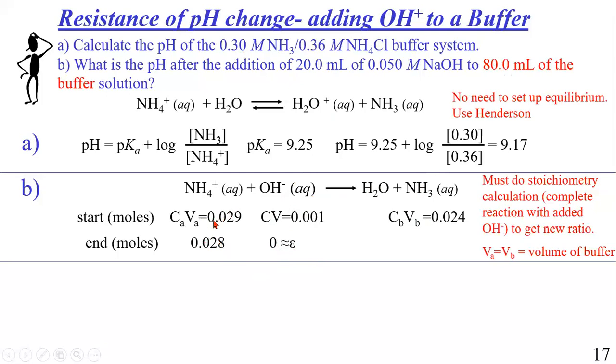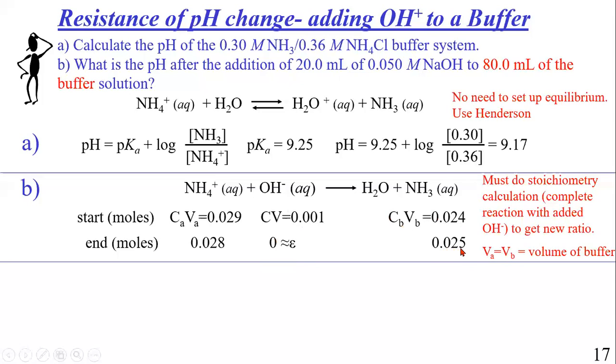What's left over here? 0.029 minus the limiting reagent 0.001, which happens to be 0.028. And what's going to be here? It's going to be plus the 0.001. And if you add that to 0.24, you get 0.025.